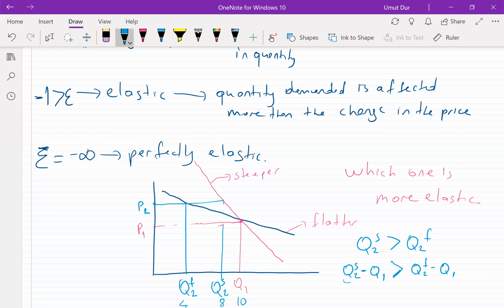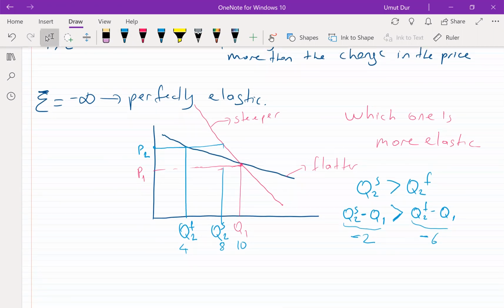So this will be minus 2, this will be minus 6. Minus 2 is greater than minus 6, but here I am considering absolute value, the change in the quantity demanded. Of course the second one will be greater.